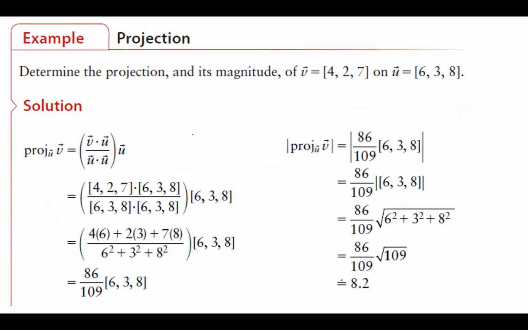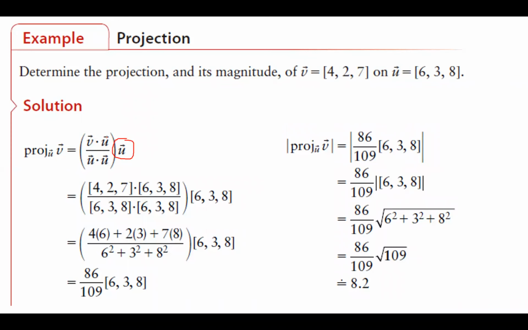So the projection of V on U is calculated using the dot product of V and U over the dot product of U with itself. So put all the values in, we can find that it's actually 86 over 109, right? Do not forget that it is followed by a vector U here, because the projection is a vector, not a scalar.